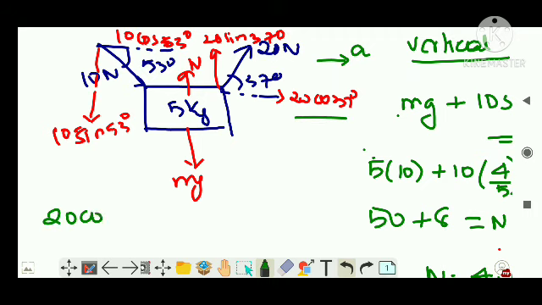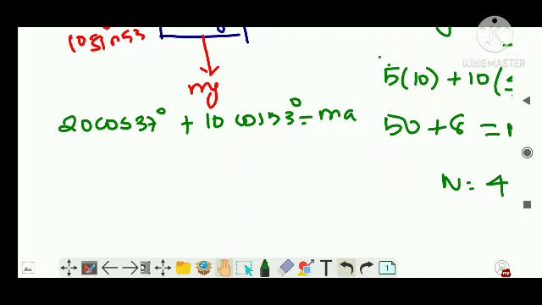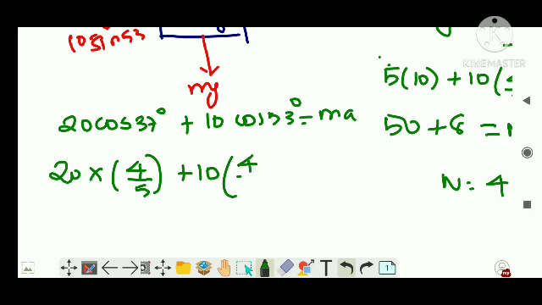So 20 cos 37 degree plus 10 cos 53 degree is equal to ma, because both are in the direction of acceleration. So obviously the acceleration will be in this direction itself, even though it is not given. Now what is cos 37 degree? It is 4 by 5, plus 10 times cos 53 degree is equal to ma.